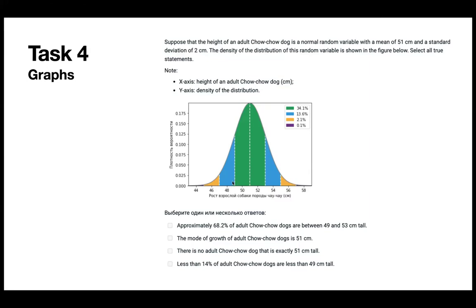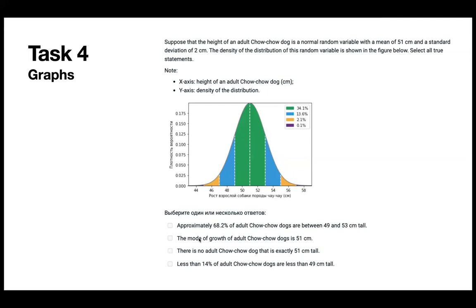They want us to calculate that area, and it's already calculated for us. That's 34%, and that's also 34%. So it will be 68.2, and that statement is right.